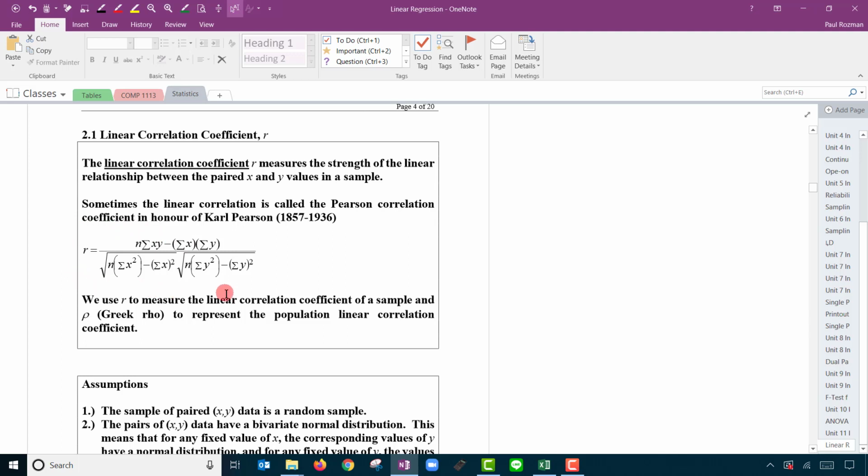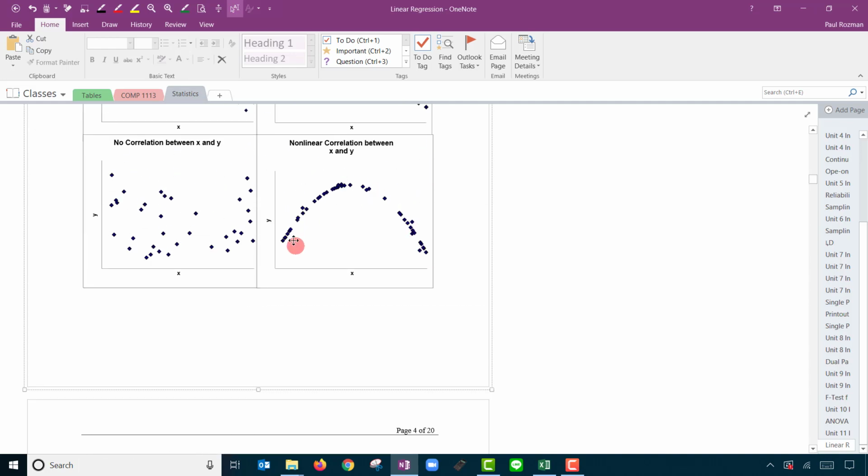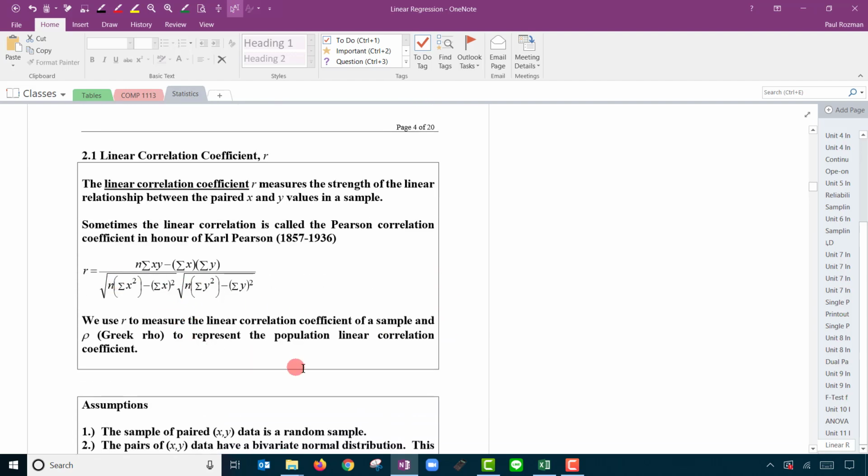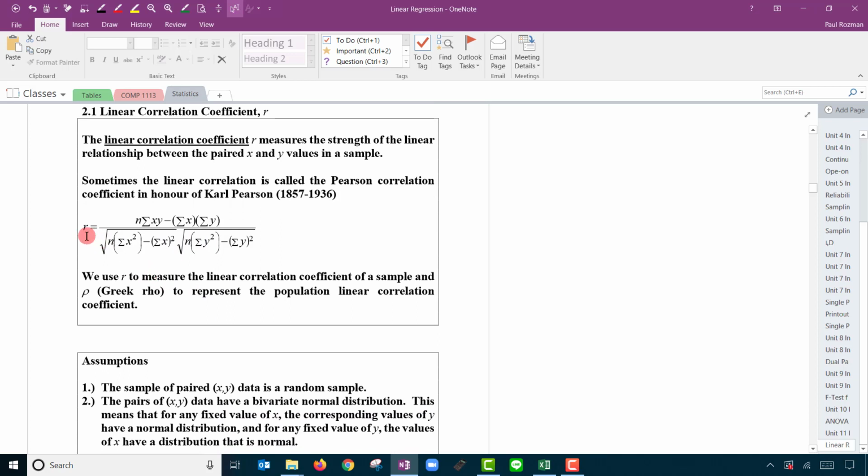You shouldn't apply this formula to this parabolic looking data. This formula is devised for the linear case. We'll have the sample version R, and then the population value will be the Greek letter rho, which unfortunately looks like a P.